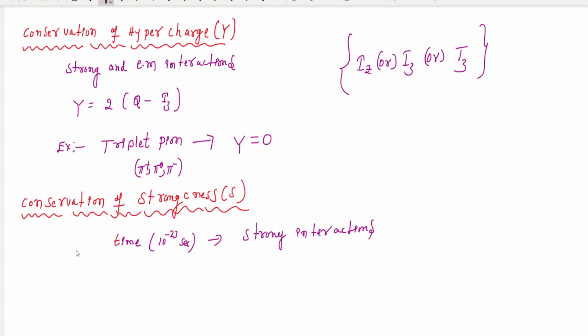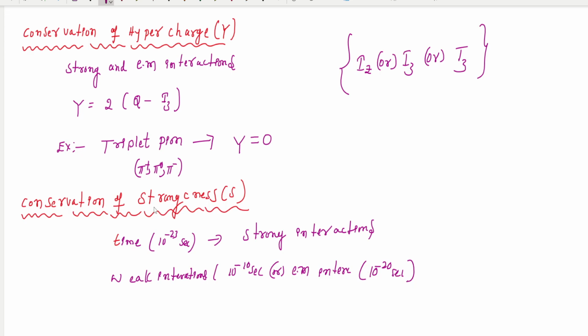So decays are always possible in weak interactions, which take about 10 to the power of minus 10 seconds, while electromagnetic interactions take approximately 10 to the power of minus 20 seconds.